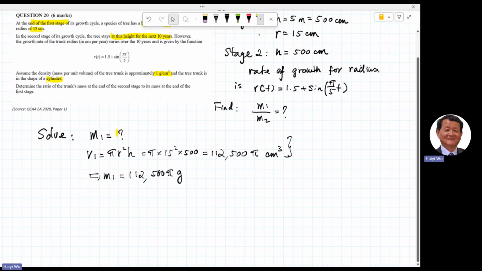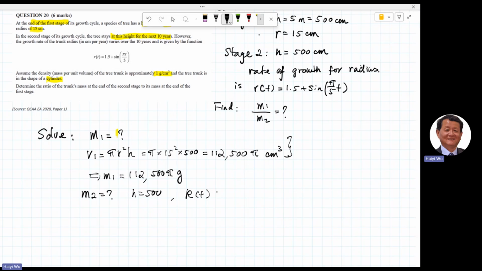Now we're going to do mass 2. Mass 2, we know the height is the same, hasn't changed, but we don't know what the radius is. So we call the radius the trunk growth in the second stage.